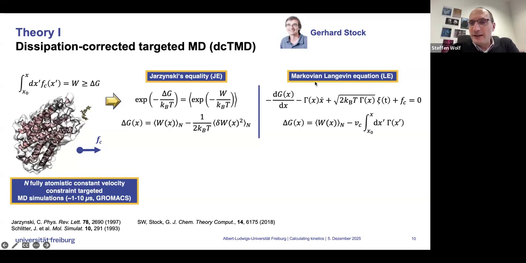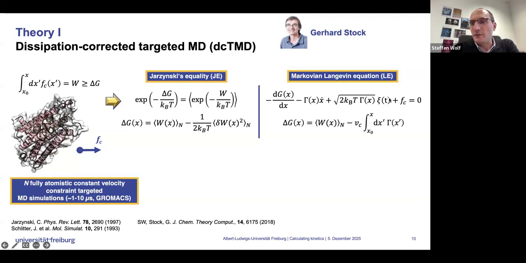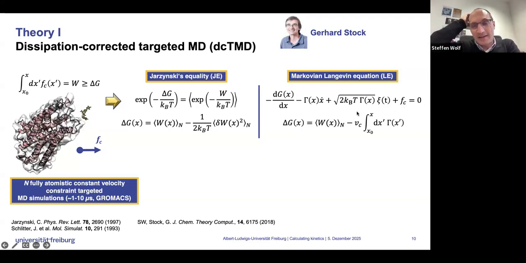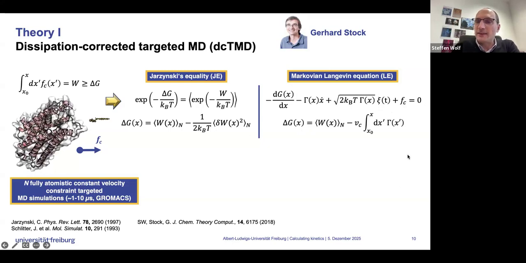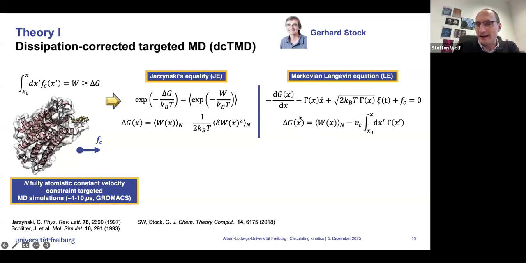Now, if we perform a mean over a lot of simulations and then integrate along the respective coordinate x, then first of all, the mean will drop out the fluctuations here because they have a zero mean. And all the other terms, when we rearrange them, will appear in this shape here on the right side.